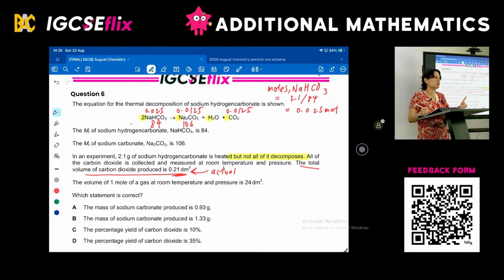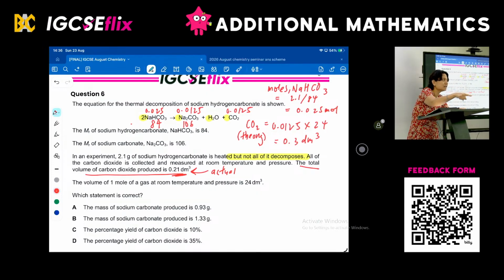Now, the volume of carbon dioxide I actually got, this is actual, is only 0.21. First we find out how much carbon dioxide I am supposed to get in theory. In theory, carbon dioxide is moles multiplied by molar volume, so I am supposed to get 0.3 decimeter cube. But did I get 0.3?